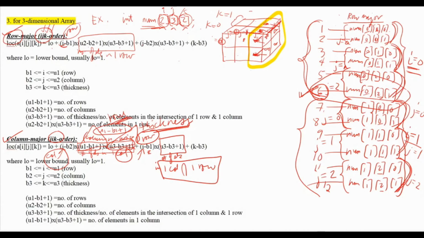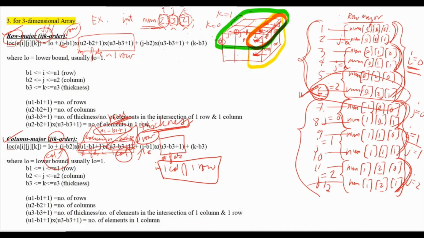So one column, say that is the yellow highlight, that's one column. And then say this one. So they intersect, the row and the column intersect at this point, right? And how many elements are there covered by the intersection?